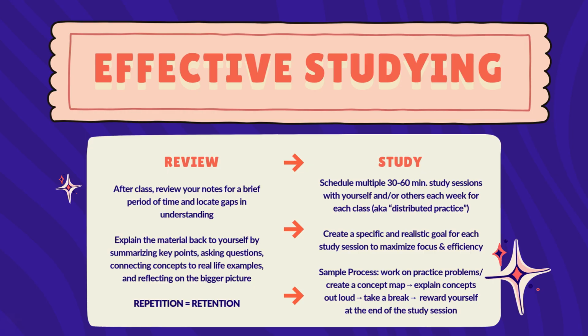The next stage is to study. Schedule multiple 30 to 60-minute study sessions with yourself and or others each week for each of your classes. This specific strategy is called distributed practice. Create a specific and realistic goal for each study session to maximize focus and efficiency. An example or a sample process that you could use when studying is to either work on practice problems or create a concept map, then explain those concepts to yourself out loud.